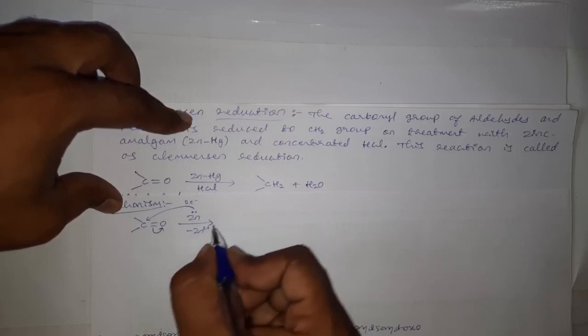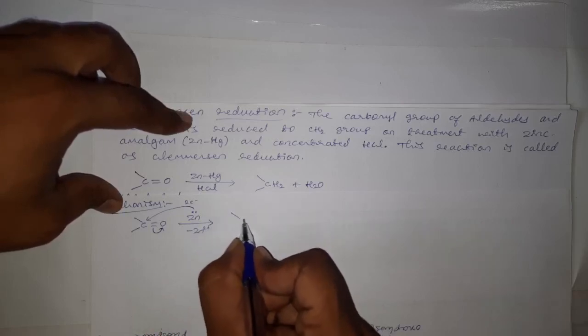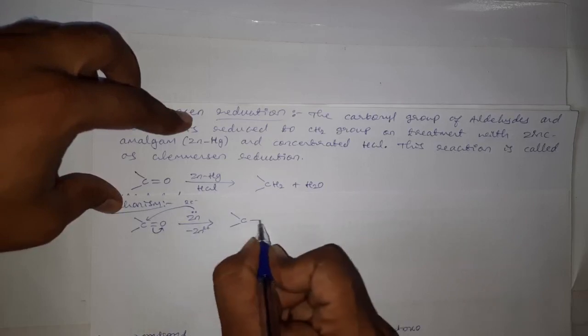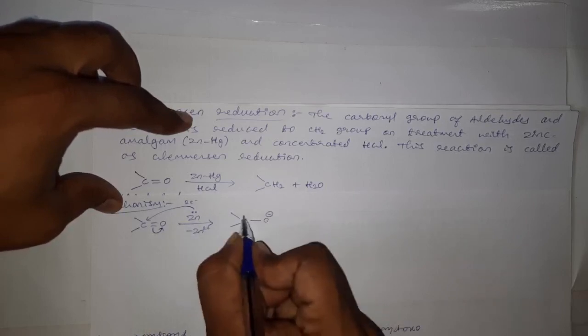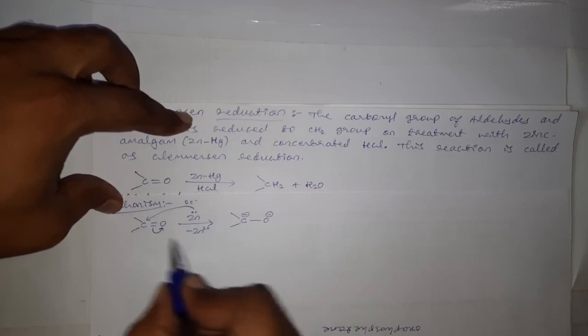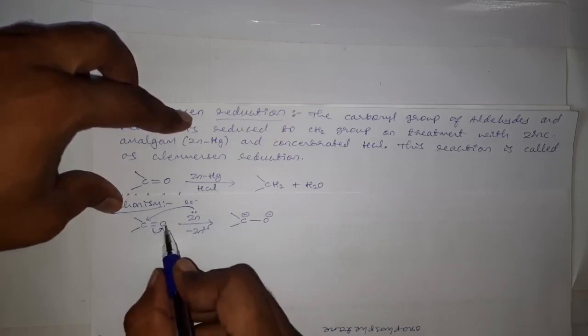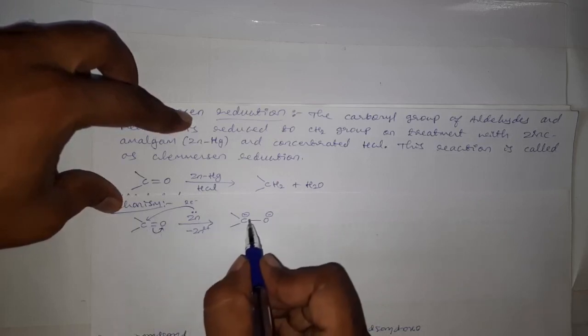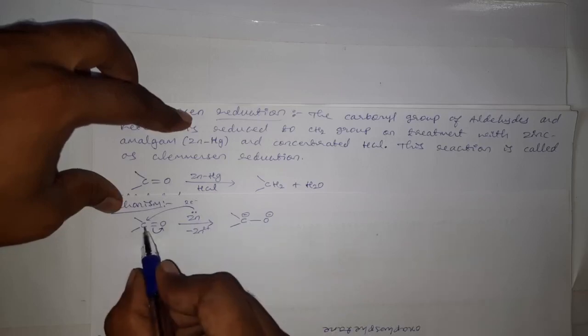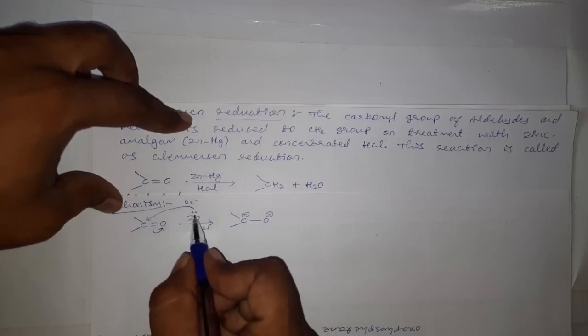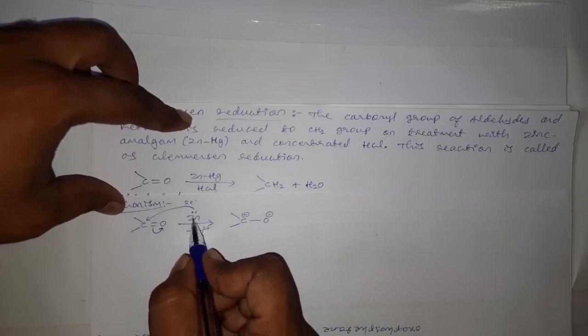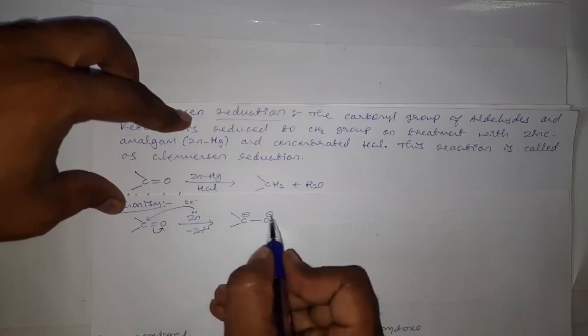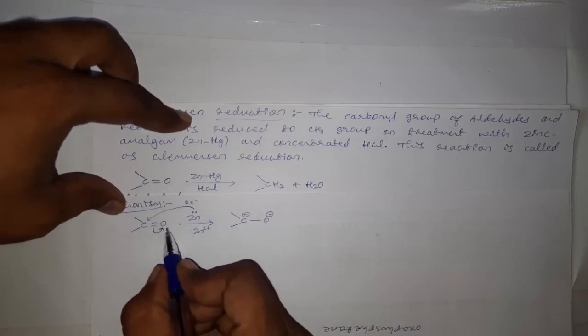And here we can write C single bond O minus. Here both carbon and oxygen get a negative charge. Carbon gets a negative charge because it receives 2 electrons from the zinc, and oxygen gets a negative charge because it receives the pi bonded electrons.